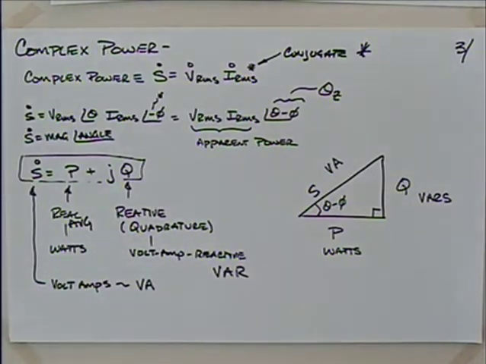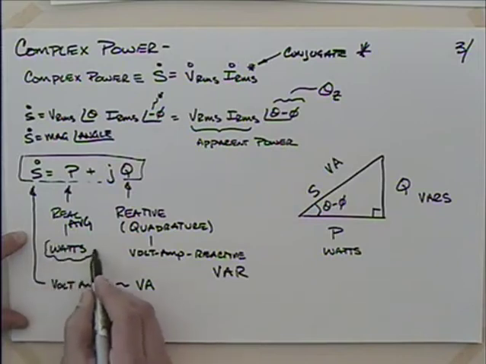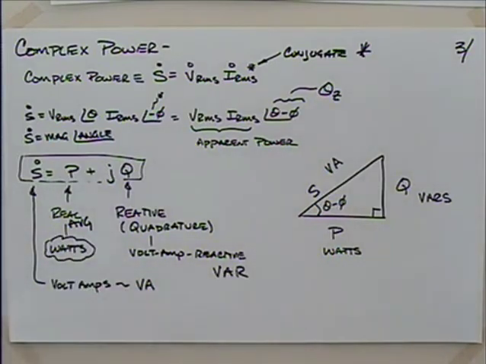So the real portion of complex power is average power. This is probably starting to spin in your mind here. Well, the real way to figure this out is by the units. Real power or average power is in watts. We've been using that for a long time.